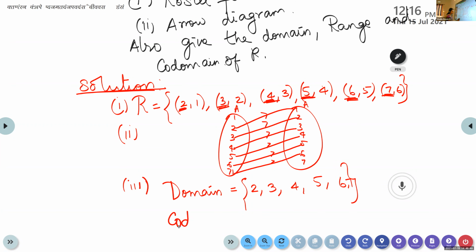What is range? Range is the set of all second elements in the relation. So in the range, we will get 1, 2, 3, 4, 5, 6. What about codomain?